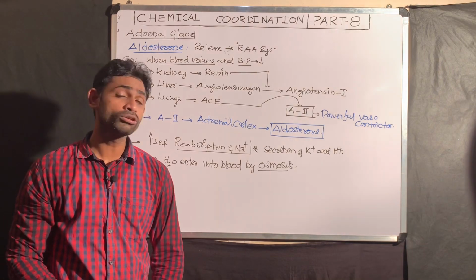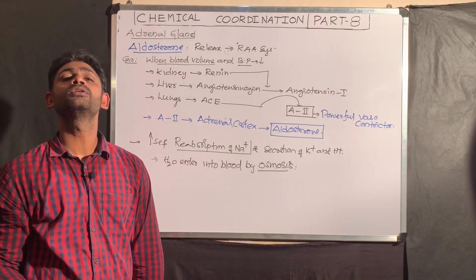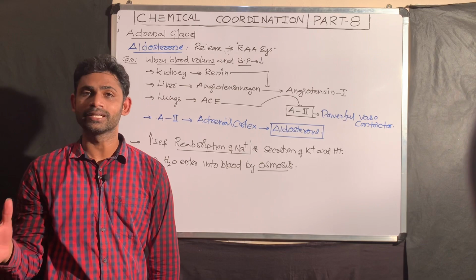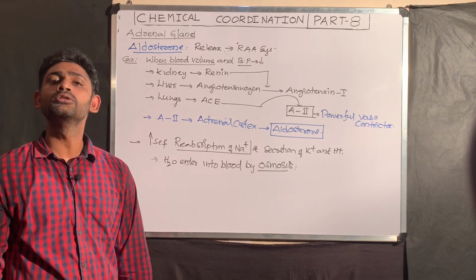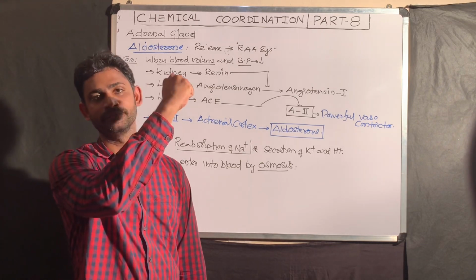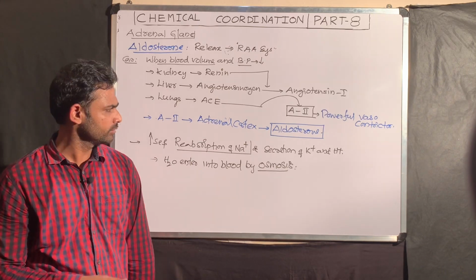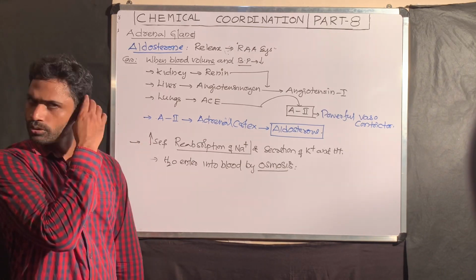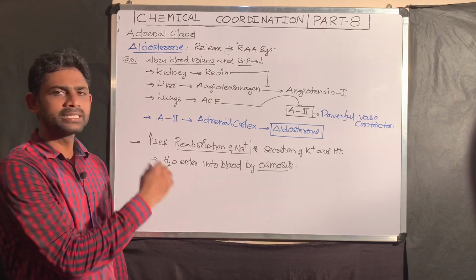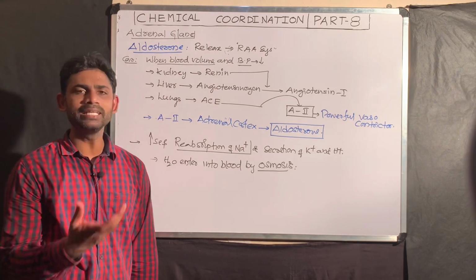That is why aldosterone is a very important hormone to maintain the electrolyte and body fluid volume in our body. Till now I explained the effects of aldosterone, the mechanism of how aldosterone is produced, and its biological effect.